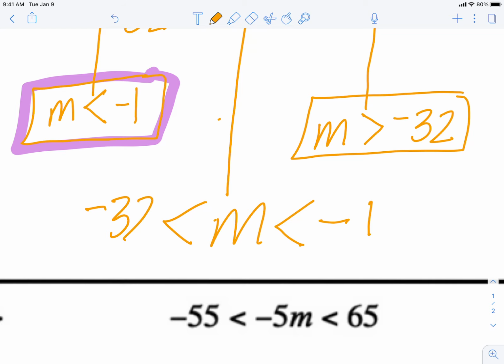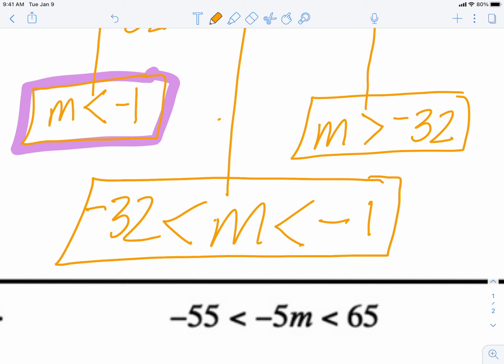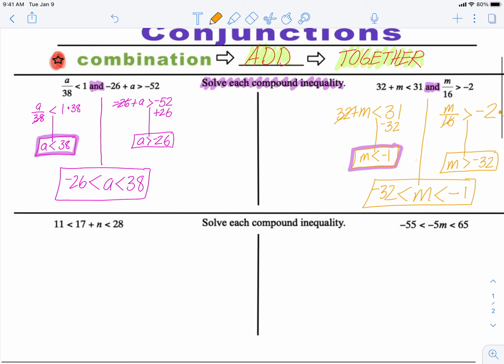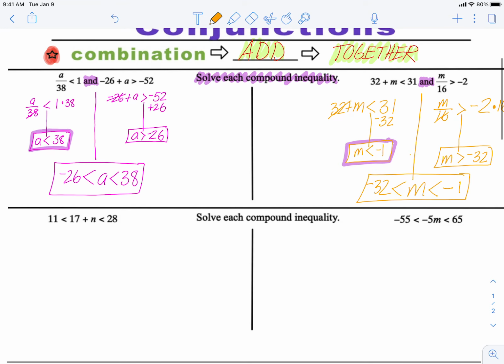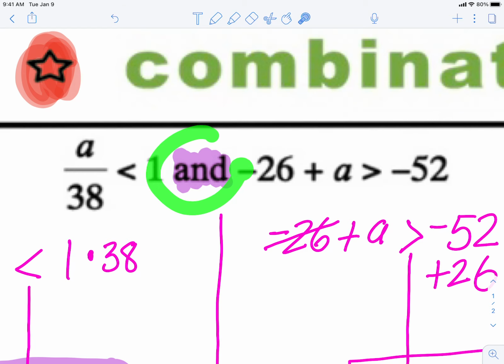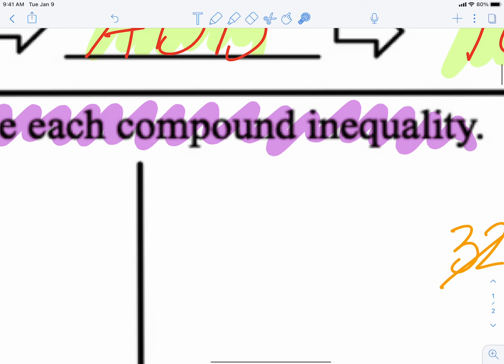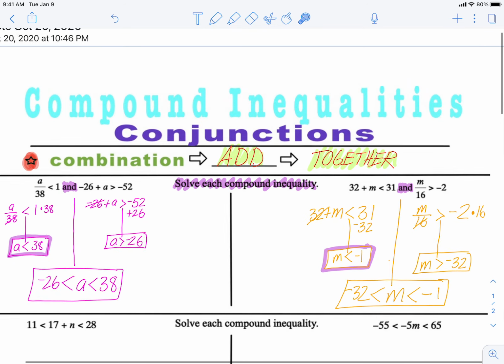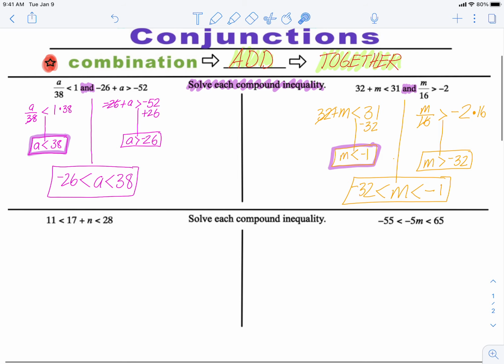Negative 32. And this, everyone, is my solution for that problem. Look at that. Those are my two examples of problems that have "and." And this one also has "and." Perfect.